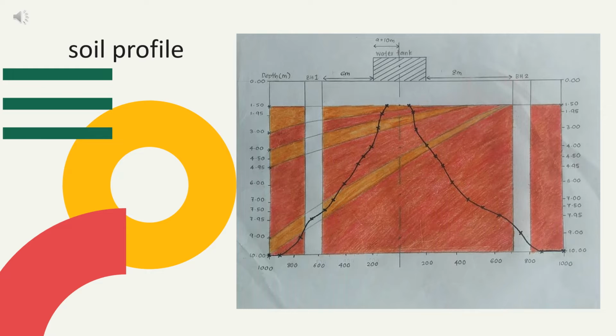From 1.5 meter until 3 meter is clay, and then 3 meter until 4 meter is silty clay, and then 4 meter until 4.95 meter is clay, and 4.95 meter until 9 meter is silty clay, and then 9 meter until 10 meter is clay for borehole 1, and then for borehole 2, 1.5 meter until 10 meter is silty clay.